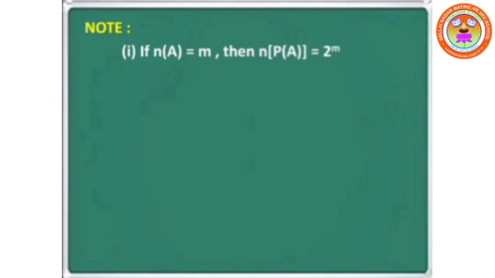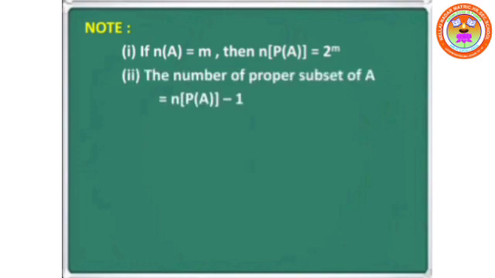Next one, the number of proper subsets of A is the number of elements in the power set minus 1, n(P(A)) minus 1. That means 2 power m minus 1. This may come in 1 marks, the number of proper subsets of A, and in 2 marks also we are going to use these two formulas.